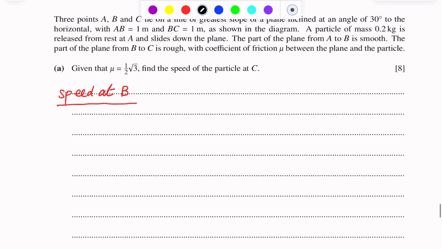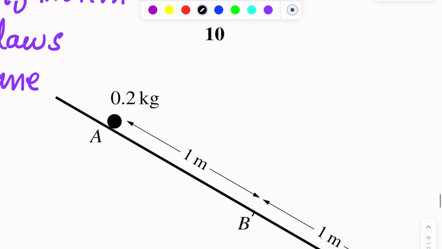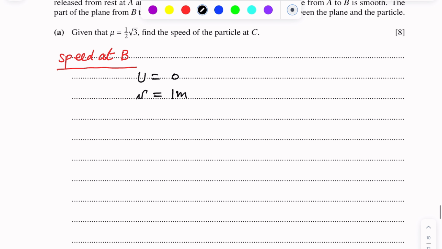Initial speed is 0 because released from rest. Initial speed is 0 and distance is given, that is 1 meter, the AB distance. And acceleration we have to find.